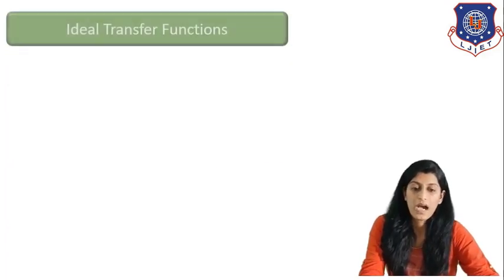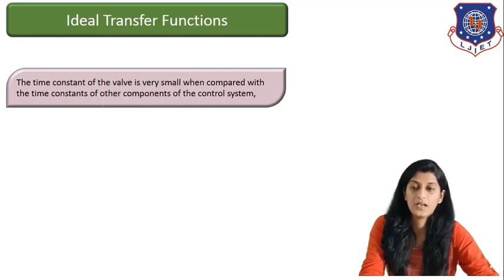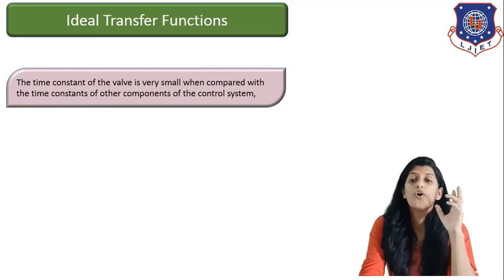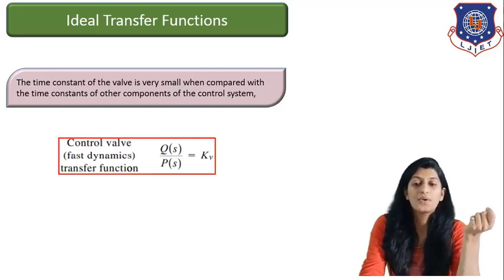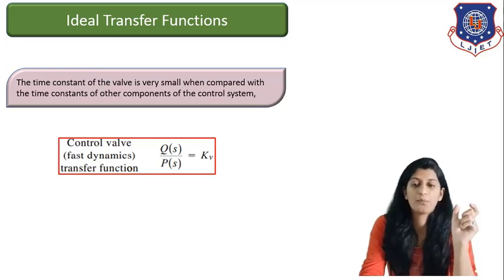Now, coming to the main section here, the time constant of the valve is very small when compared to the time constant of other components. So you can simply ignore that portion and write output upon input as a function of Kv.